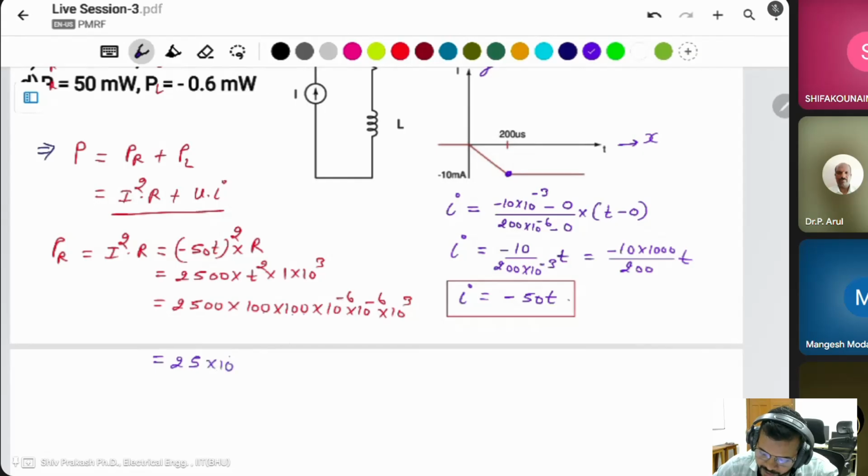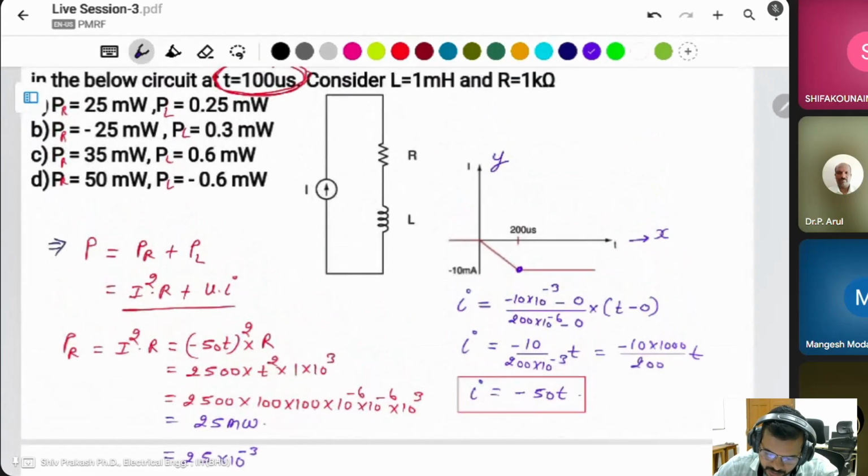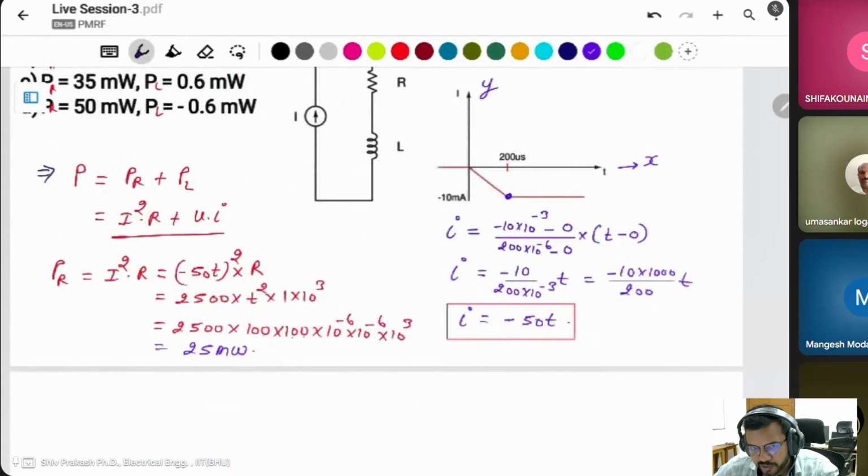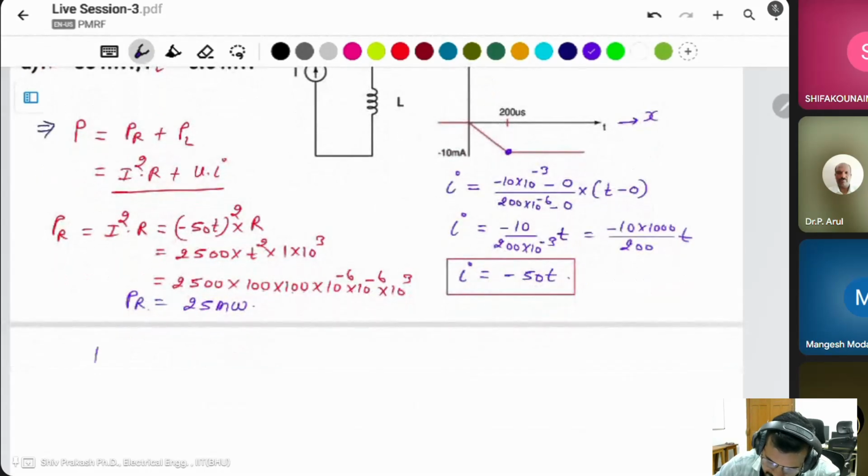Into 10 to the power of minus 3 is remaining. It means this will be 25 milliwatt. You have to count the positive zeros and negative zeros and subtract them. Finally, PR is done. What is the PL?